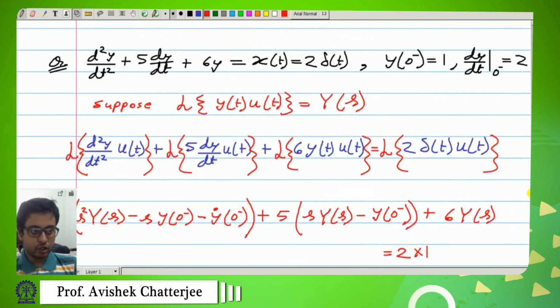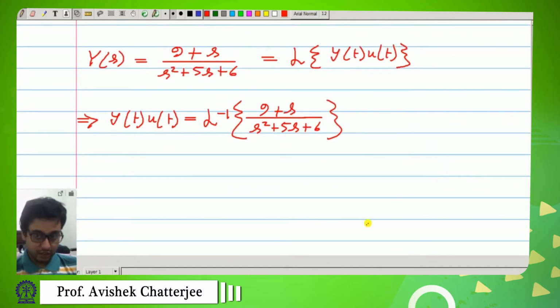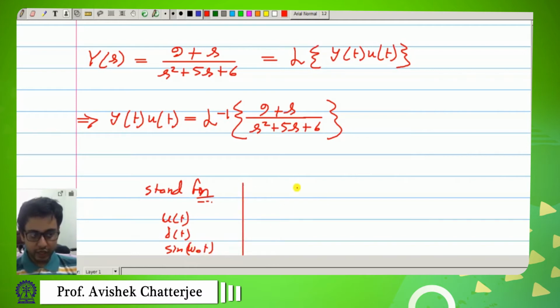Laplace inverse is always calculated in practice by looking at a table of Laplace transform, where you have some standard functions like ut, delta t, sine omega naught t, etc., and you are given the corresponding Laplace transforms like 1 over s, 1, etc.